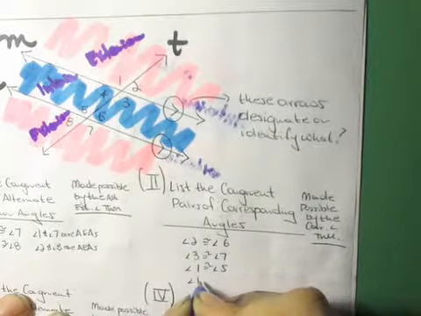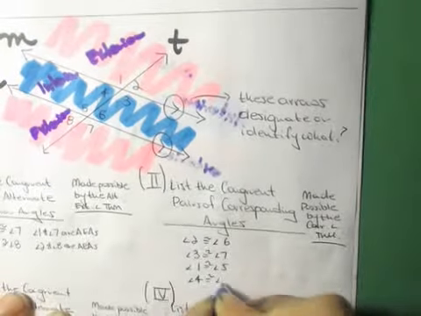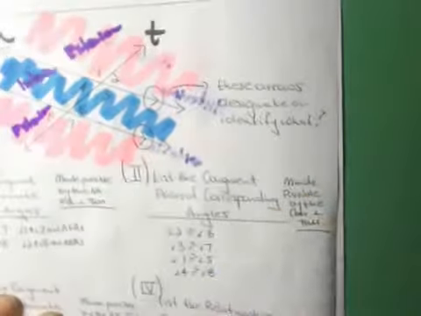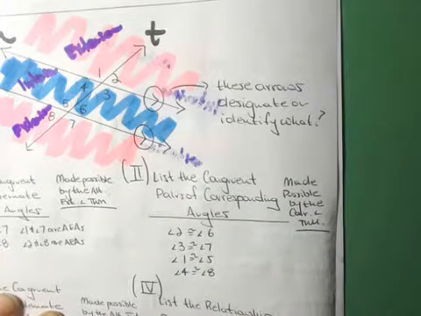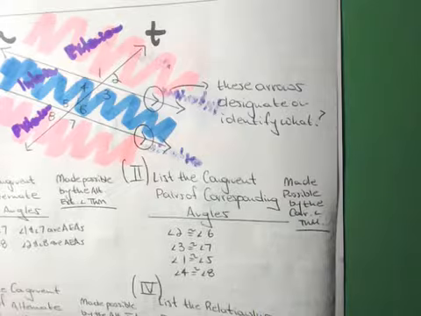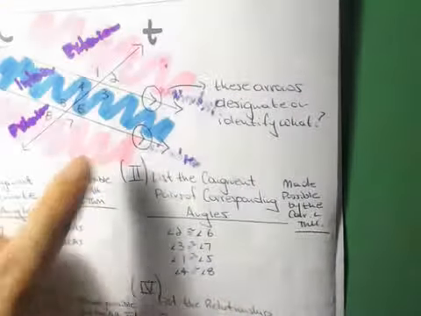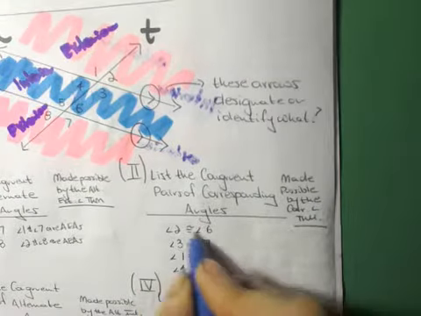Angle 4 is going to be congruent to angle 8. All these angle pairs are corresponding angles because they are on the same side of the transversal, either above or below, and they skip an angle.